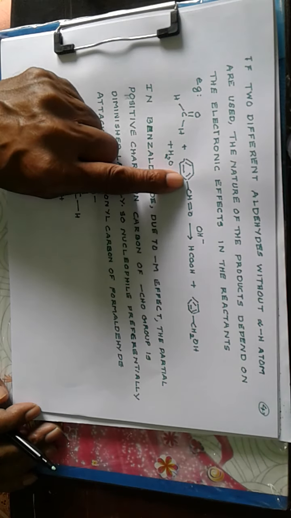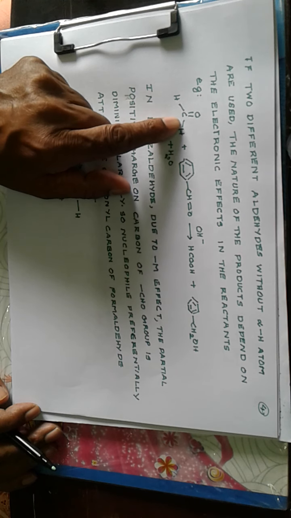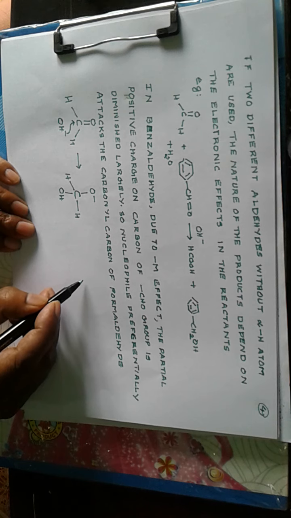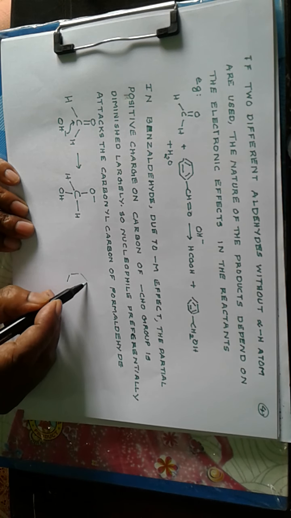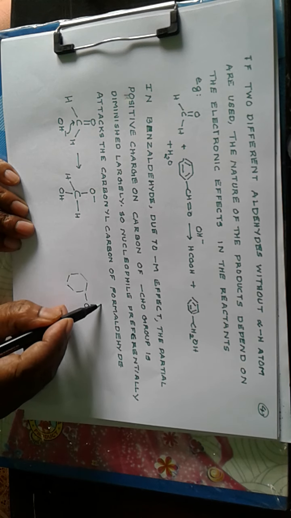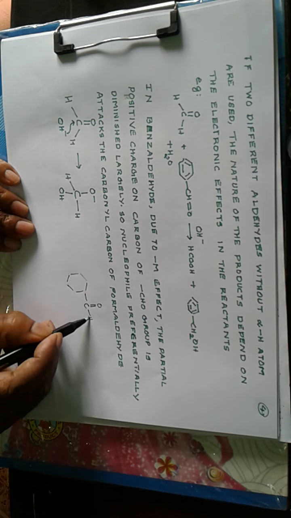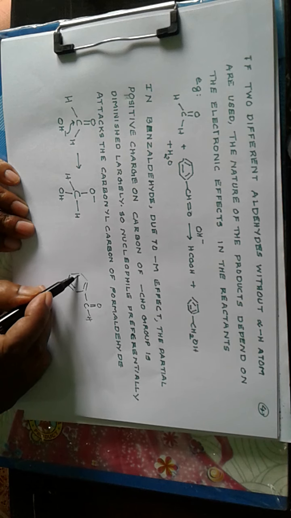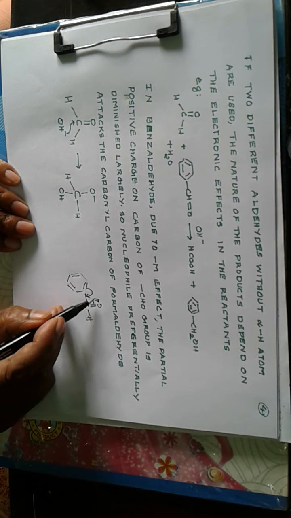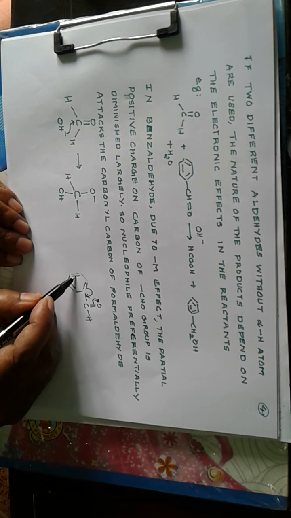If we use benzaldehyde and formaldehyde, both containing no alpha H atom, in the case of benzaldehyde, there is flow of electron density towards the carbonyl carbon from the benzene ring.